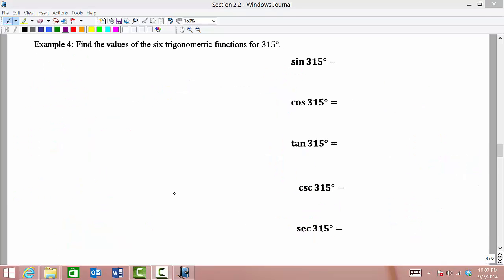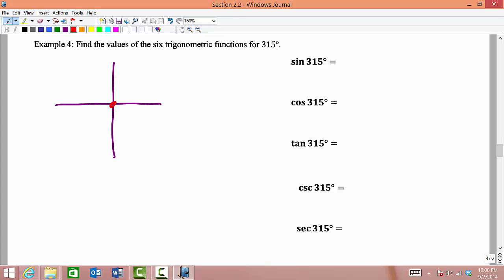Find the values of the 6 trig functions for 315 degrees. The first thing we want to do is graph 315 degrees. Two things that we want to know: what quadrant we're in, and we can tell that we are in quadrant 4.